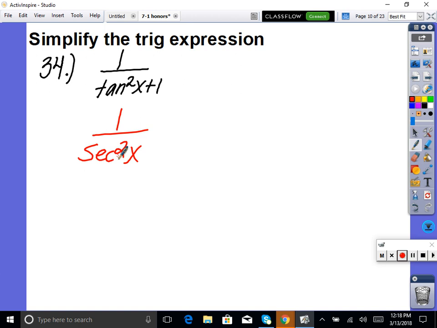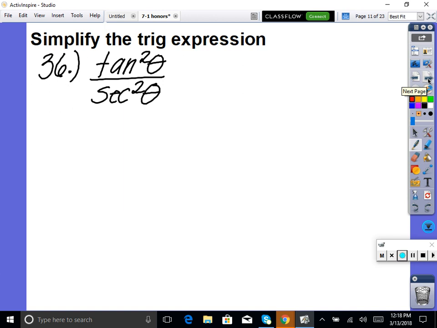Now what should we do next? Fractions, least favorable. Cosine squared x. That is way better than having this with all this split apart. No fractions and 1 term.